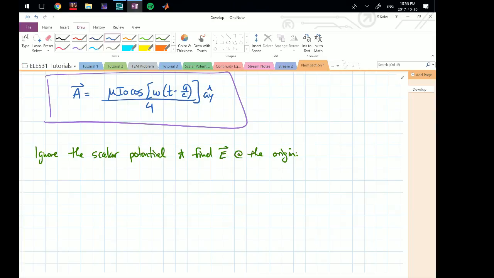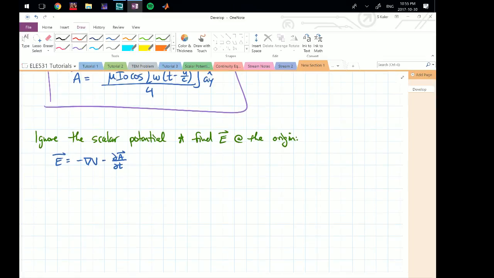So if you recall, in general, E in the time varying sense is minus the gradient of V minus partial A over partial t. This is the time varying modification of E equals minus the gradient of V, which is a very basic and fundamental expression for the electric field in the basics of field theory. So it tells us to ignore this, so that's convenient. We don't need to know that potential.